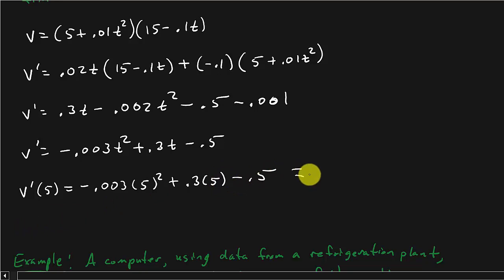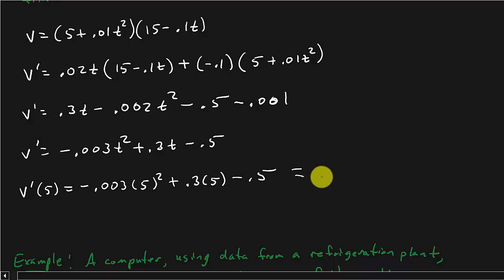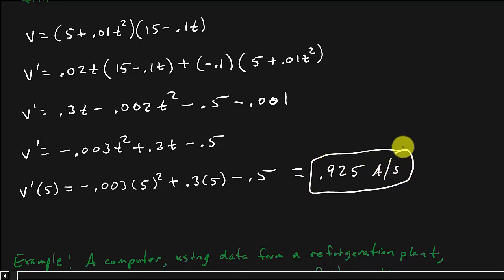And so this gives us negative 0.003 times 25 plus 0.3 times 5 minus 0.5. And that is going to give us 0.925 amps per second. And so there's your answer.